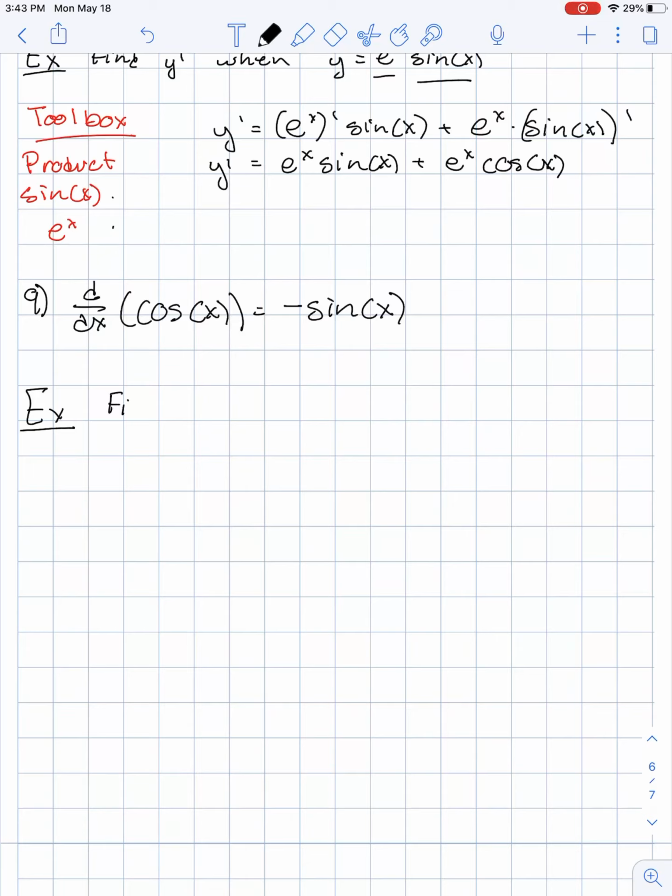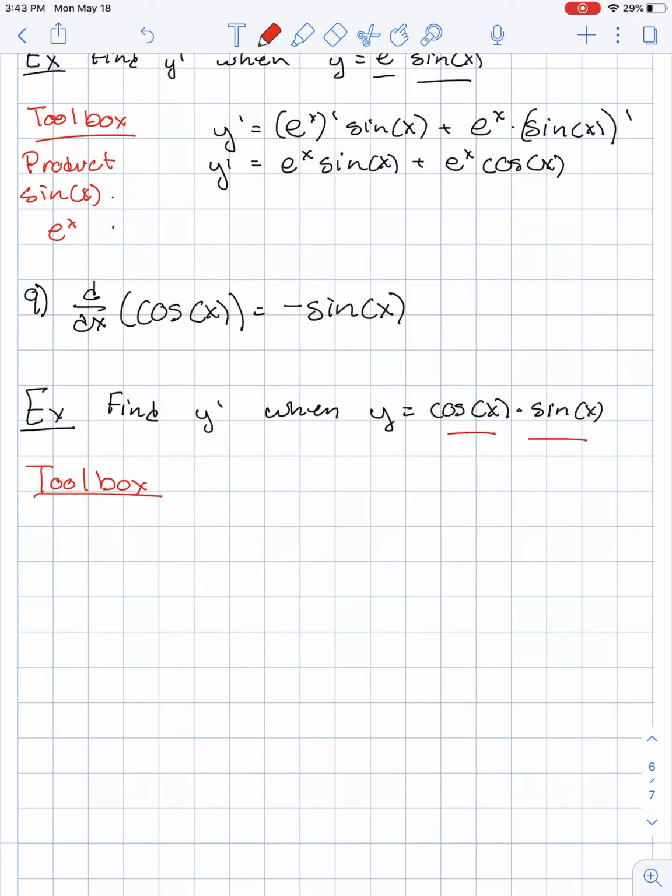So let's do another example. We're going to find y prime when y equals cosine of x times sine of x. So I'm looking around my toolbox.